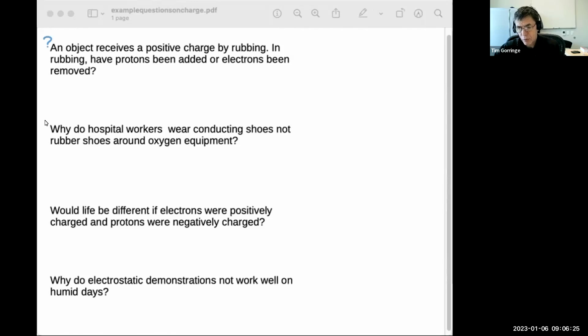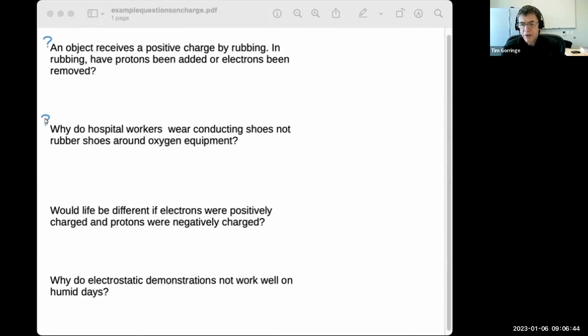Second question. Why do hospital workers wear conducting shoes rather than rubber shoes, insulating shoes, when working with oxygen equipment, when working in high oxygen environments?